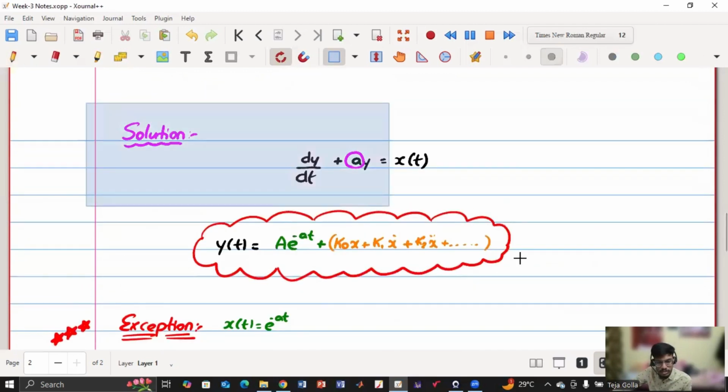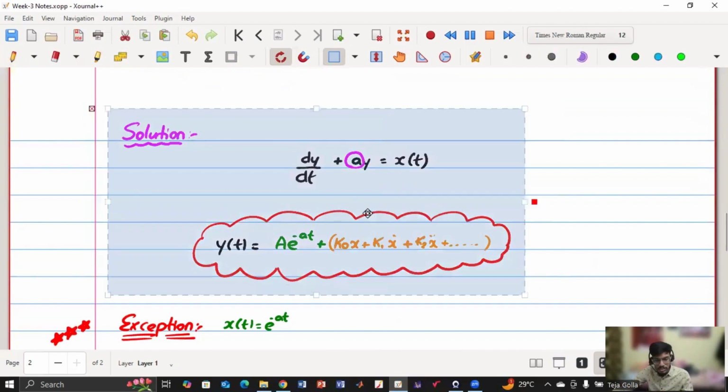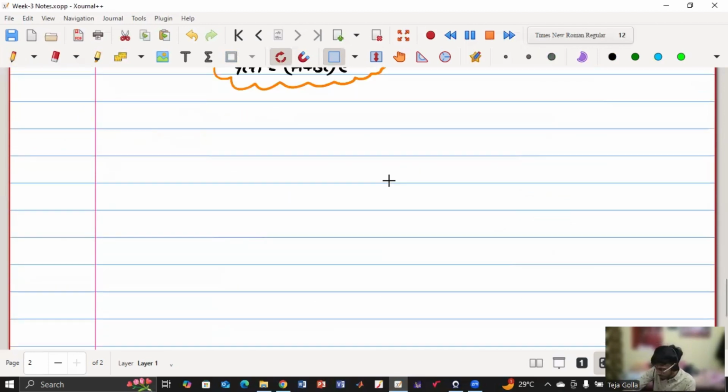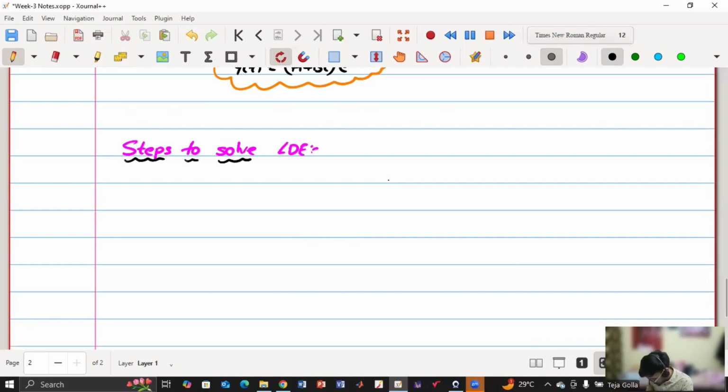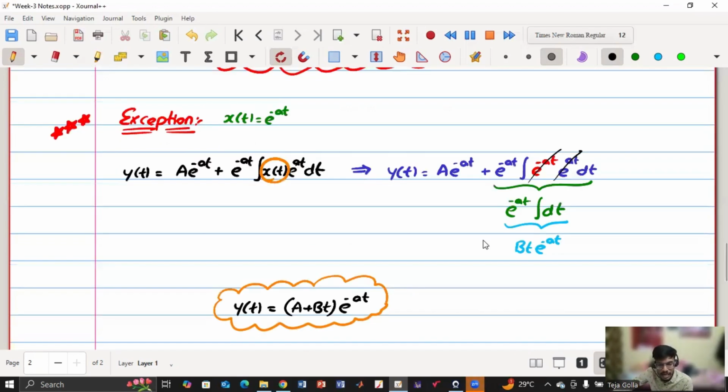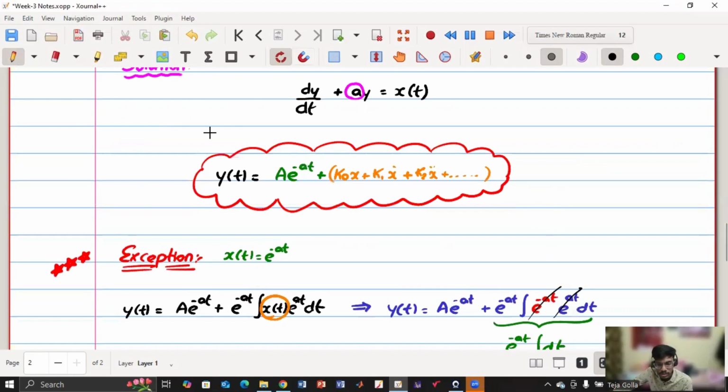First, the steps to solve a linear differential equation, also phrased as LDE. I'm mentioning them so that you can follow. The first step will be to write the generalized solution.